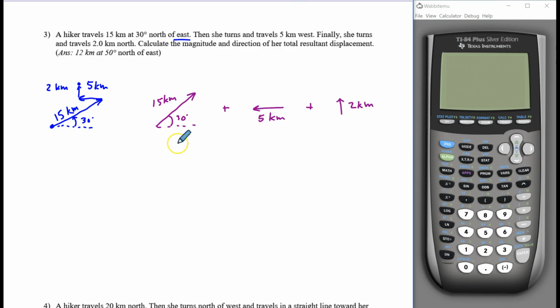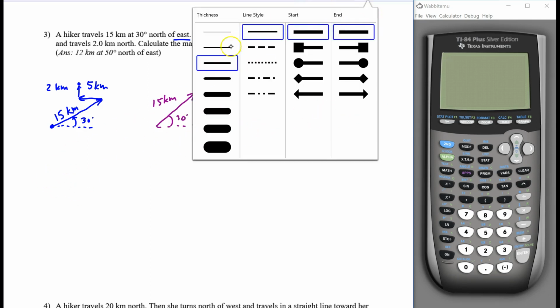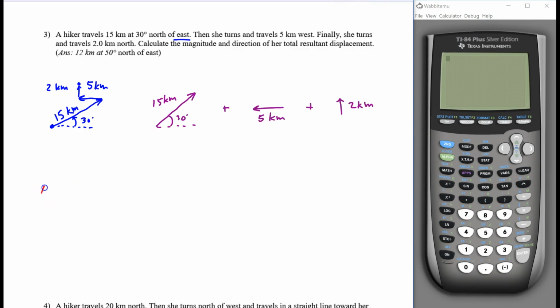To find the resultant, we need to know the total x-axis displacement. I use delta for change in x, change in position. The total delta x is going to be the first delta x from that displacement, plus the second delta x from that one, plus the third delta x from that one.